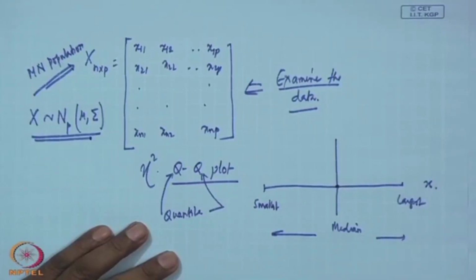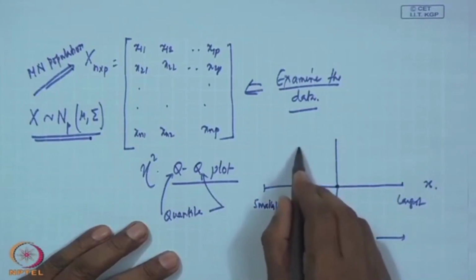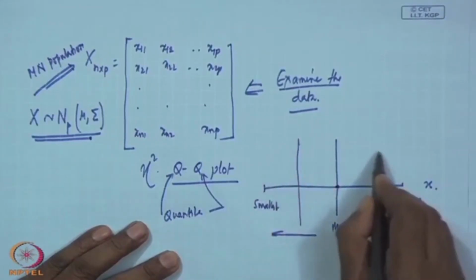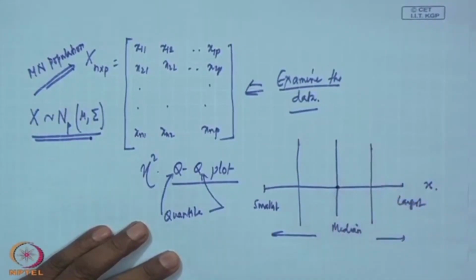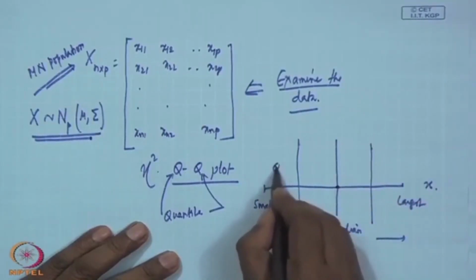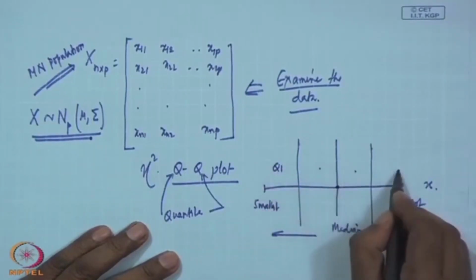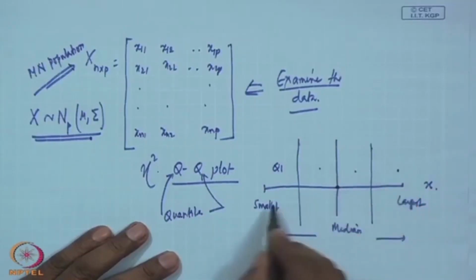You know quartile will partition the total data into 4 parts. This is my quartile 1, quartile 2, quartile 3, quartile 4, and we know that Q1 and Q3 give the interquartile range that we have discussed in descriptive statistics.